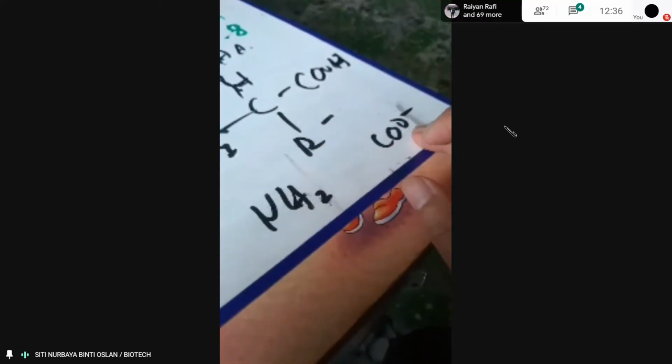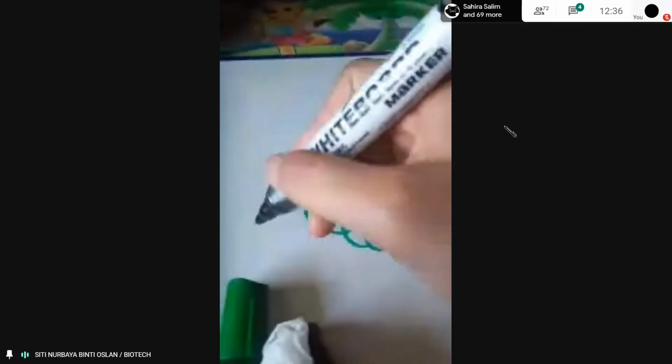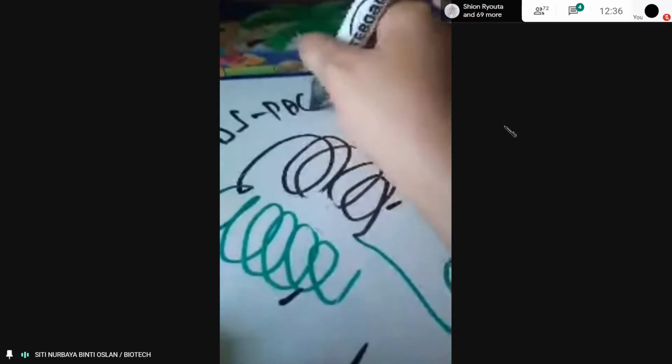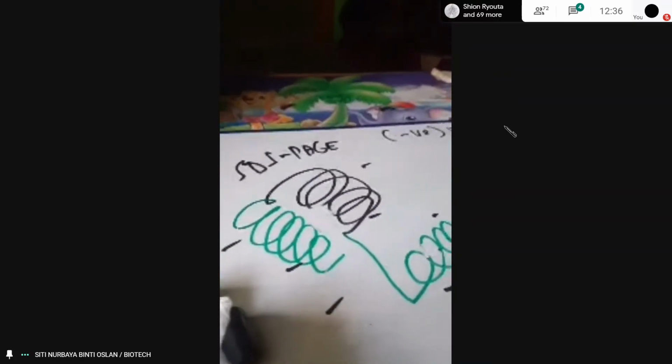The R group will have COOH at the end of the functional group, right? So if we use SDS, all of this will become negatively charged. So the overall protein will become negatively charged if we apply the SDS-PAGE.